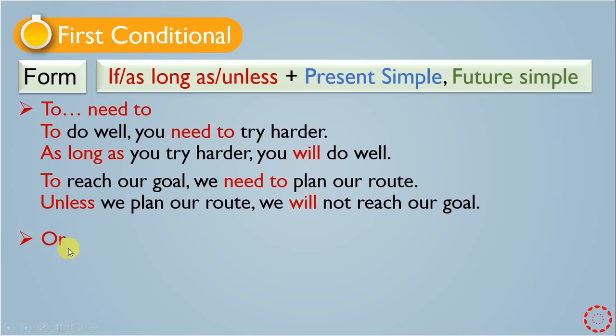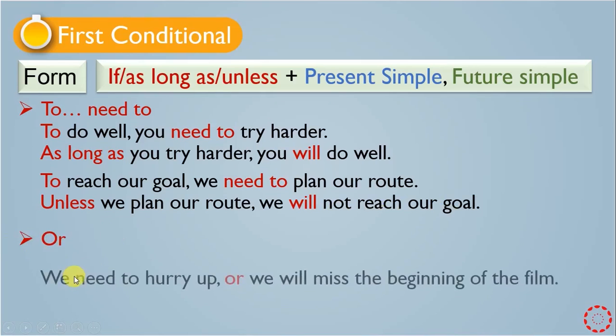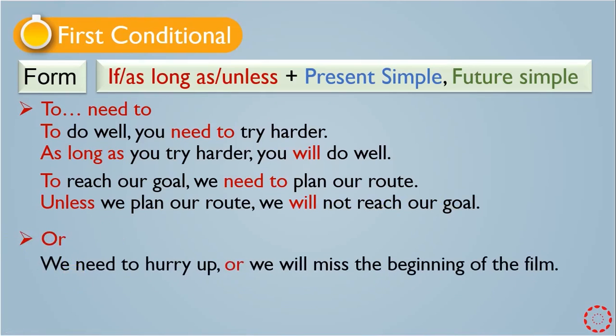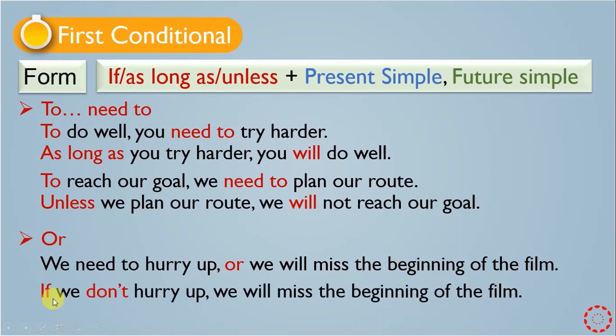And also we have or here. With or, how can we change or to if or as long as? Look at this example. We need to hurry up or we will miss the beginning of the film. So let's change it to if. If we don't hurry up, I mean with or we should negate the conditional statement like this.